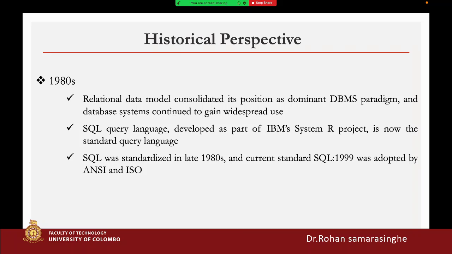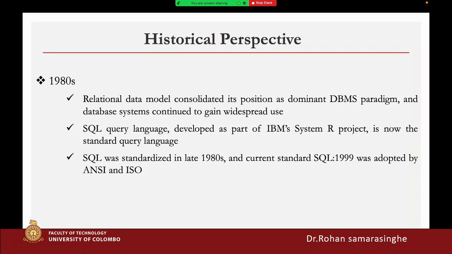So the structured query language, SQL, was developed as a part of the IBM System R project, and it is now the standard query language. SQL was standardized in the late 80s, and the current standard, SQL 99, was adopted by ANSI and ISO.